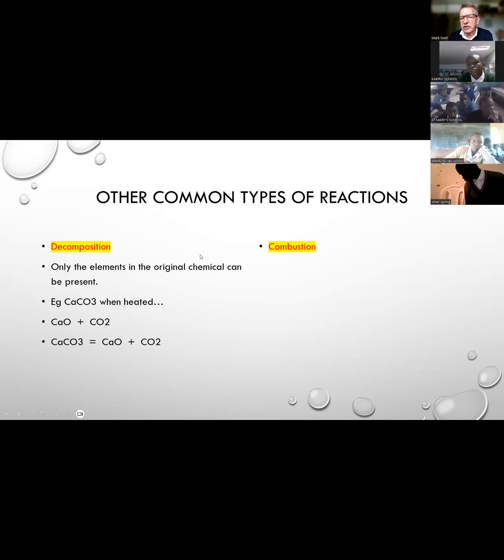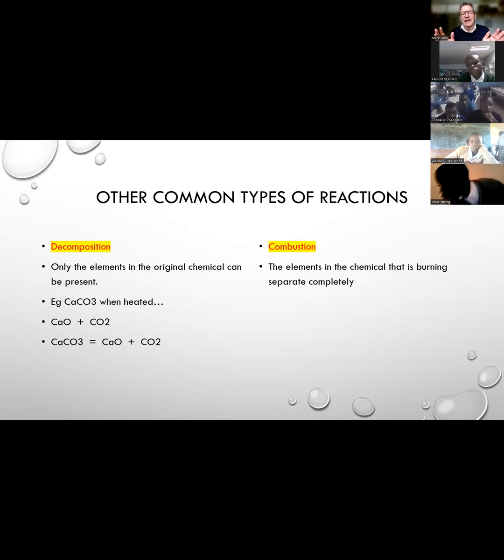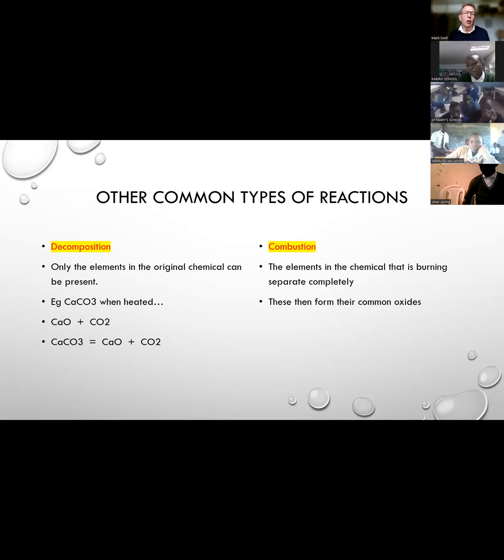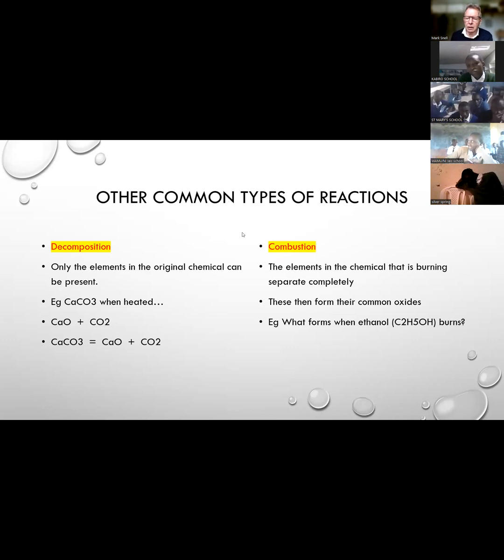The second type was combustion. With combustion, there is always oxygen. So the individual chemical breaks into its elements, all the elements separate, and they form their oxides. So for an example, here we have ethanol, an alkanol, and it contains carbon, hydrogen, and oxygen.